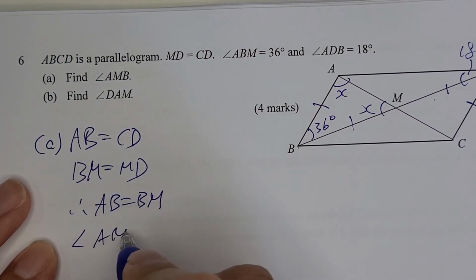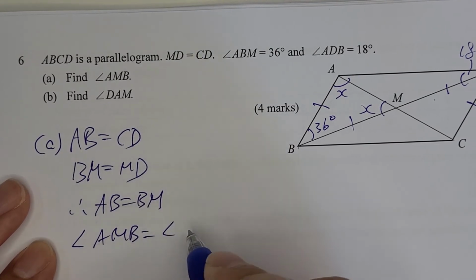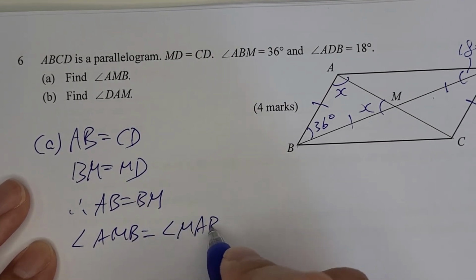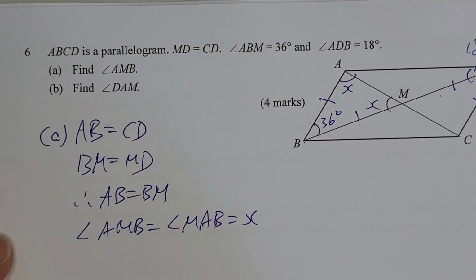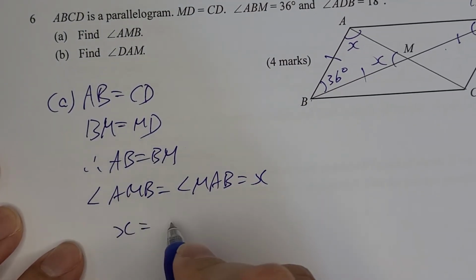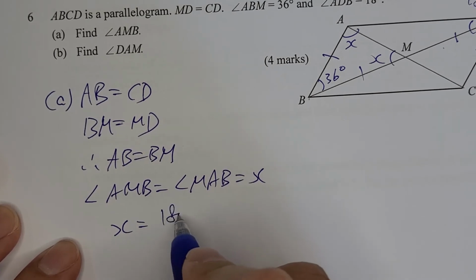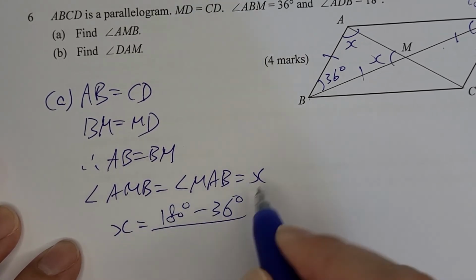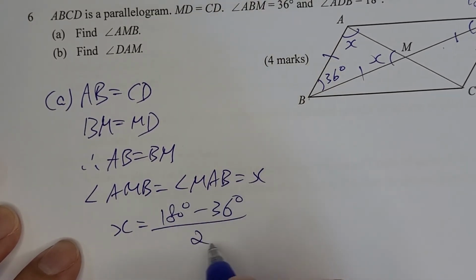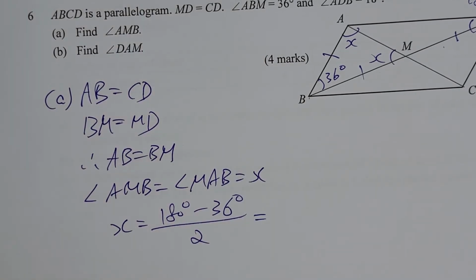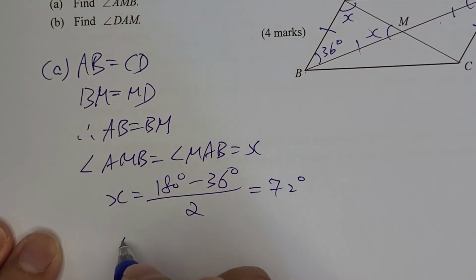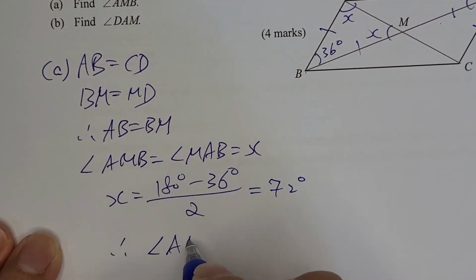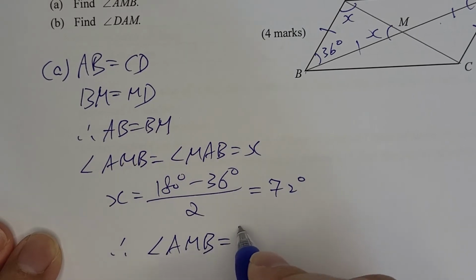Angle AMB equals angle MAB equals x. Base angles of an isosceles triangle, right? So x will equal 180 degrees minus the vertex angle 36, and then divided by 2, then you will get 72. Therefore, the answer for angle AMB is 72 degrees.